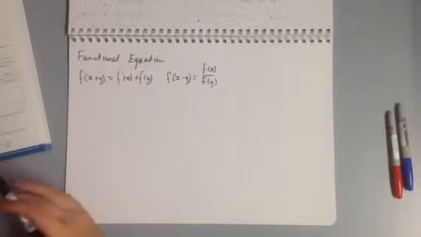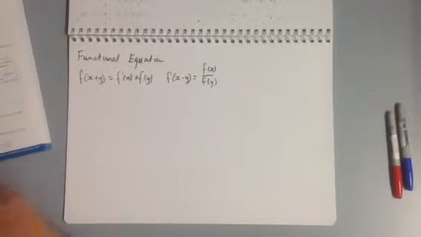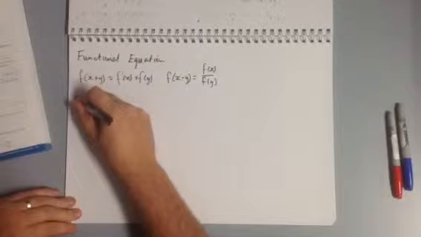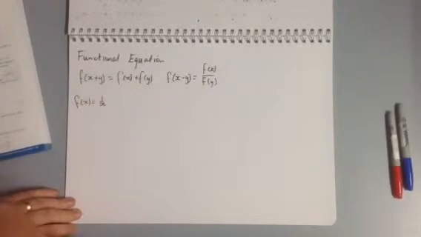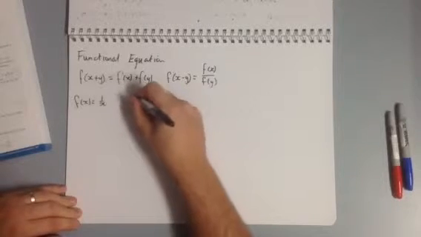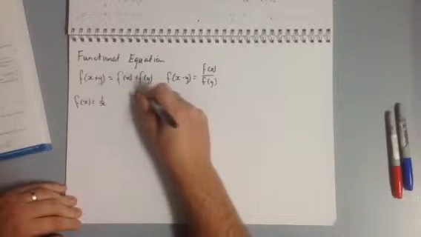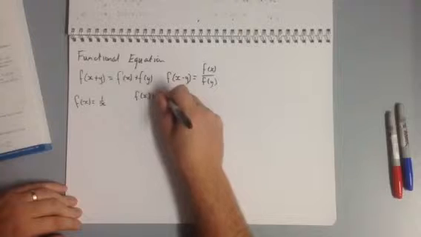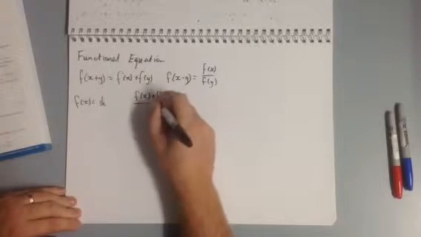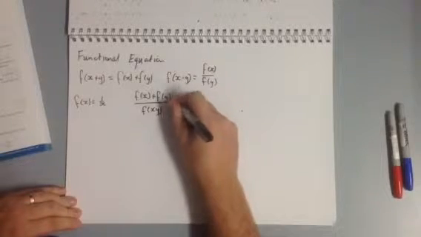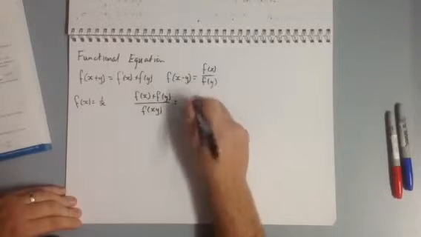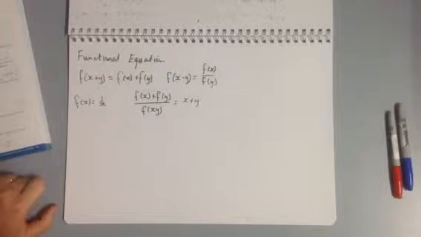So we'll look at doing an example. We have f of x equals 1 on x, and we want to see if that satisfies f of x plus f of y over f of xy equals x plus y. That's what we're trying to do.